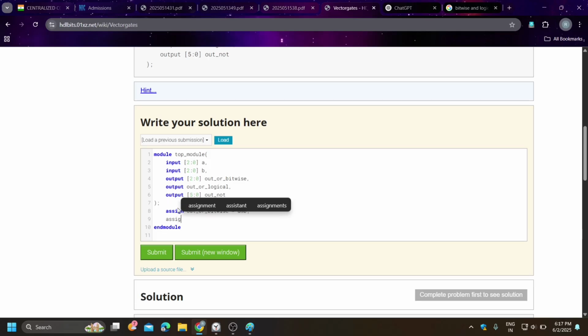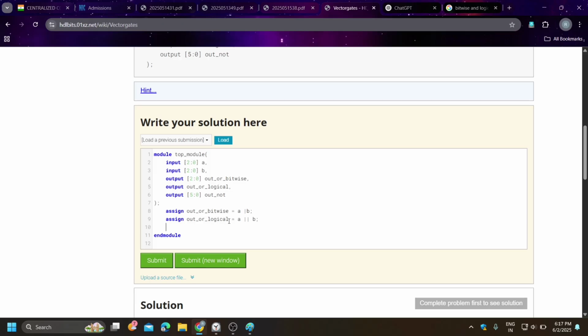Next, assign. Sorry, it's OR operation. So we need to write OR here. Next, out_or_logical equal to A or B. So this is the bitwise operation, this is the logical operation.